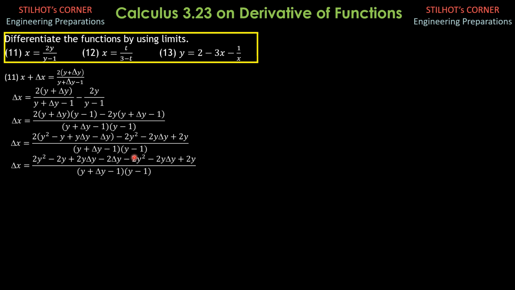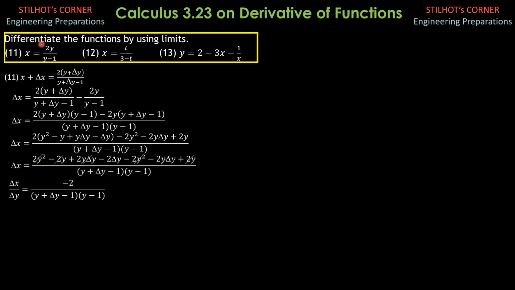So we can eliminate 2y squared and 2y here, and simplifying. So delta x over delta y equals negative 2 over quantity y plus delta y minus 1 y minus 1.